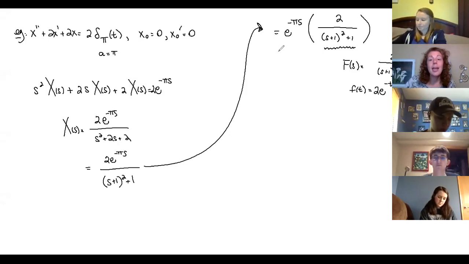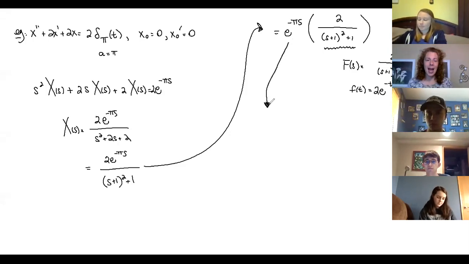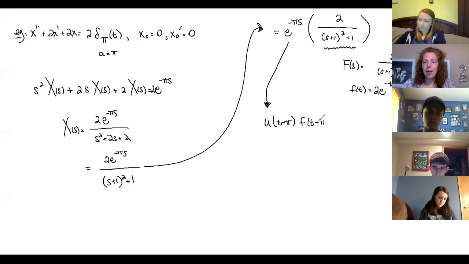Okay, now we have this e to the negative pi s out in front. Did we talk about this Tuesday and Wednesday last week? This is when you have a unit step function. So what I need is u of t minus pi times little f of t minus pi. That's how we deal with these e's out in front.